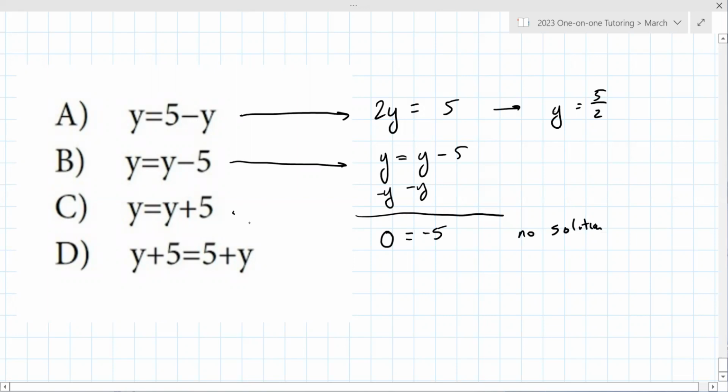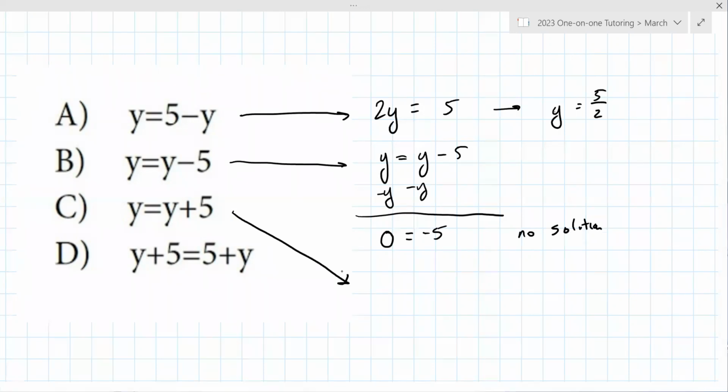Okay, so try the same thing for C. That's also no solution. That's right.